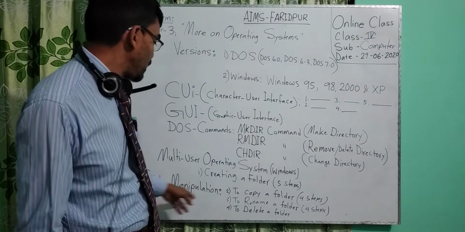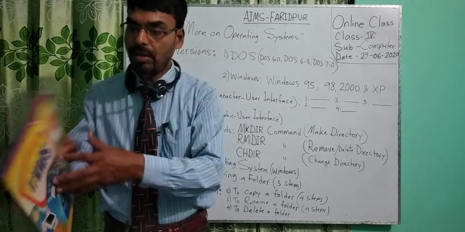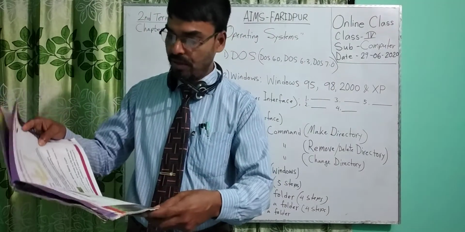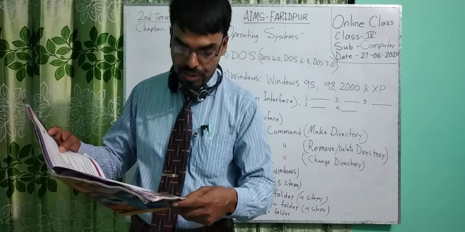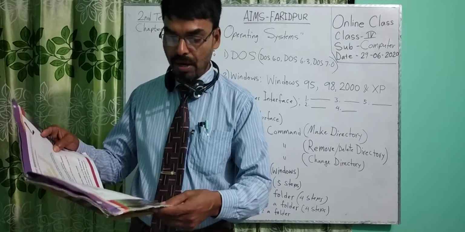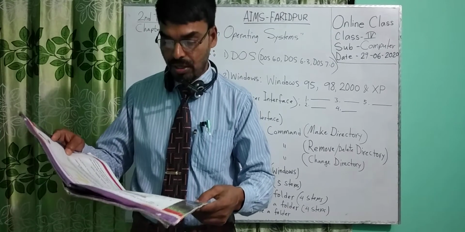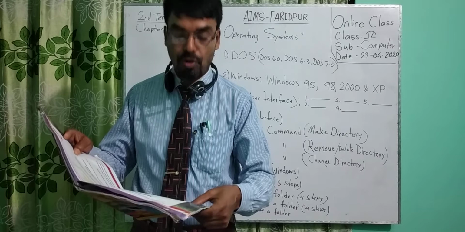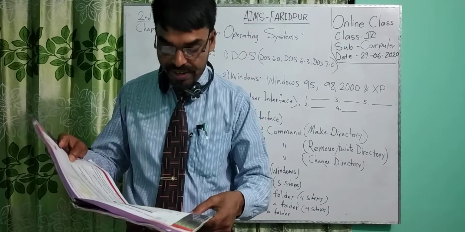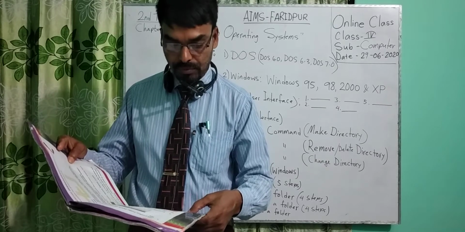So these are the folder manipulation things. Please read several times. It will be very clear to you and easy too. Last one, the summary. It says a folder or a directory is an entity in a file system that contains a group of files and other directories.